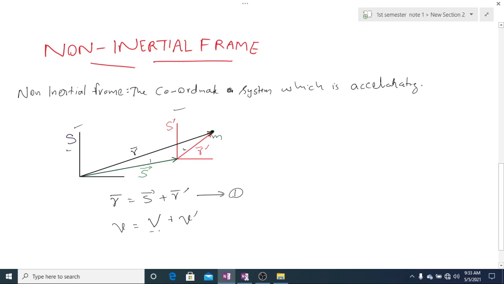What is capital V? Capital V is the velocity of S prime coordinate system with respect to S coordinate system.